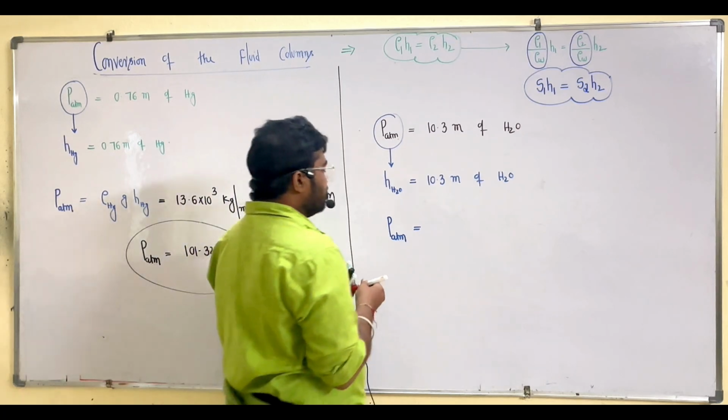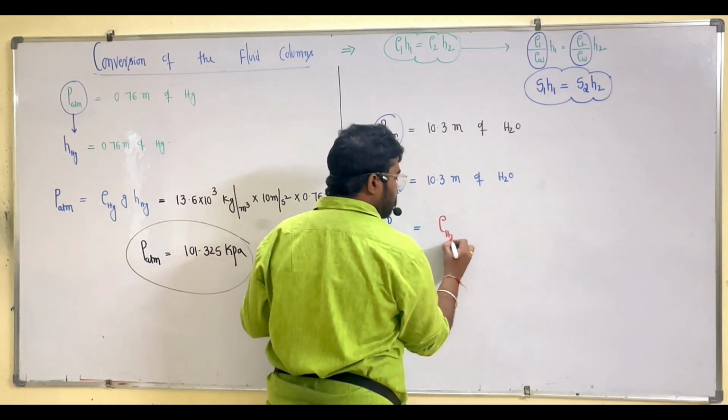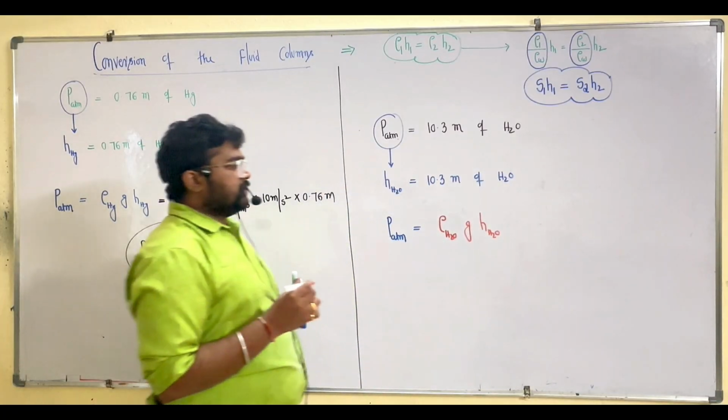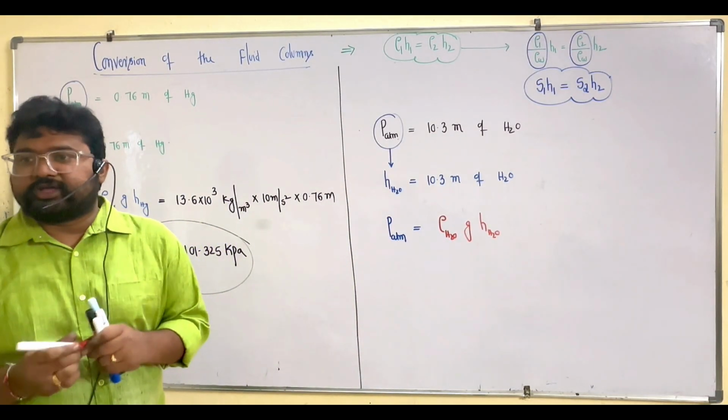What should we write? Density of water times g times H water.